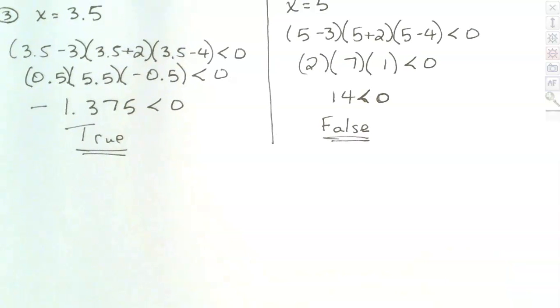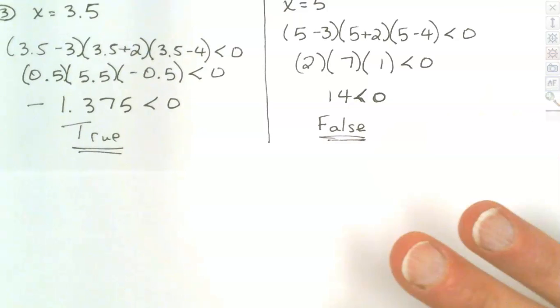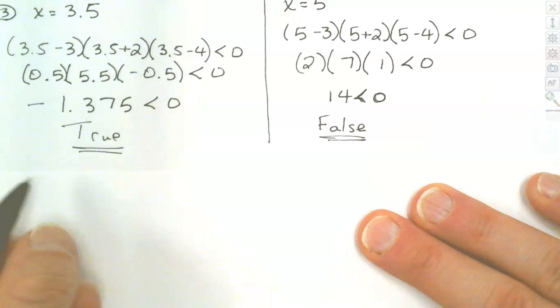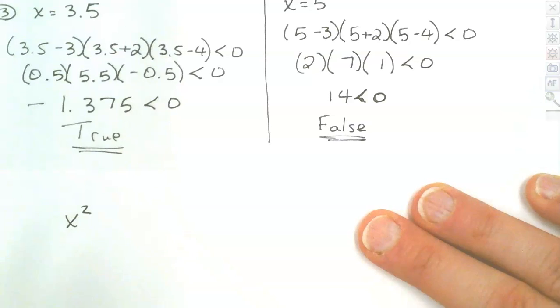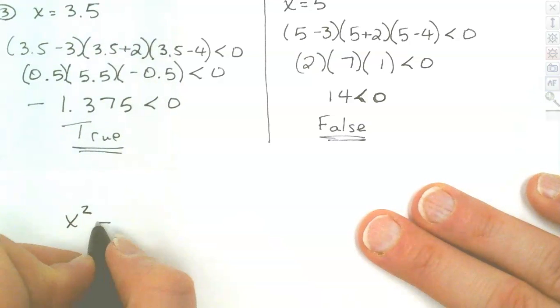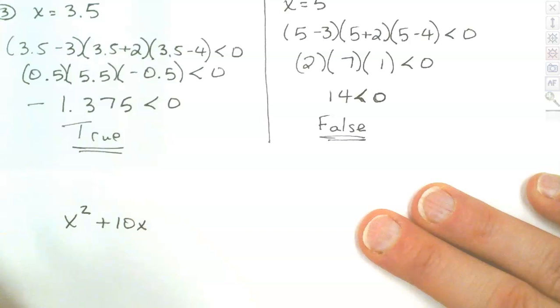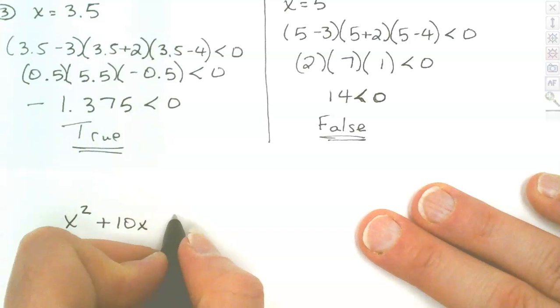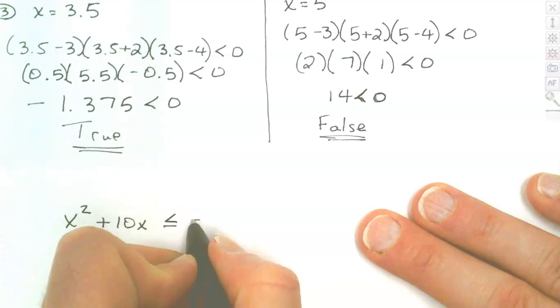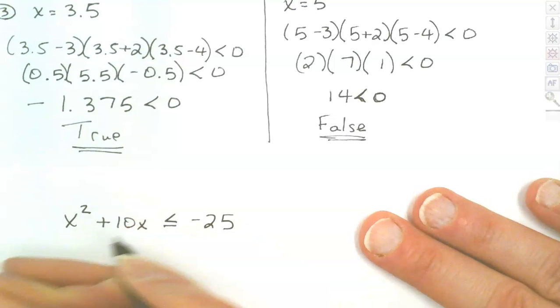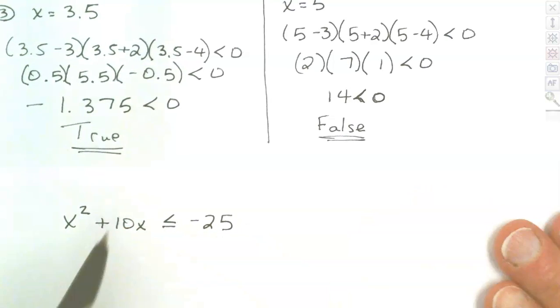Let's try 2 more of these. This one's only going to have 1 critical point. So again, we're going to try and solve and graph this one out.